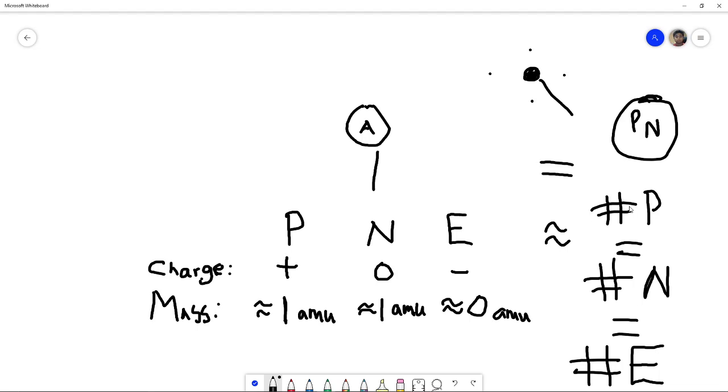Most times, well, actually, yeah, more than half the time, protons and electrons will have the same amount, but the neutrons will oftentimes be higher than the protons and electrons, and we'll talk about why that is later.